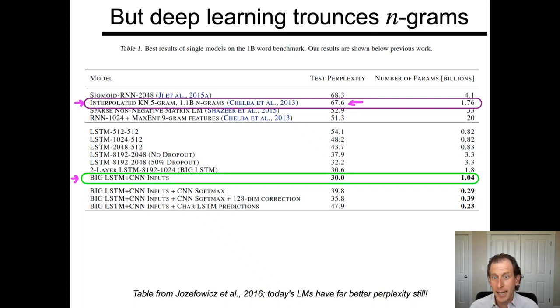And actually, today we have models that are even substantially better than that. So deep learning trounces n-gram models, but nevertheless, these are extremely useful models conceptually still to build up your understanding of the challenges that are faced in sparse data estimation for language. And also, once again, they may turn out to capture features of human knowledge.